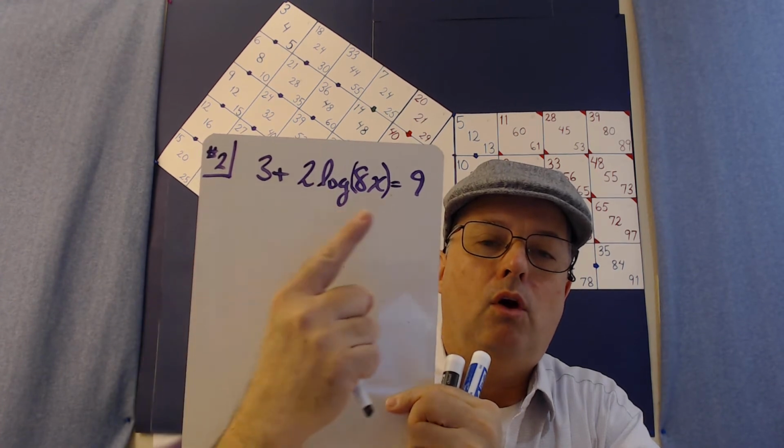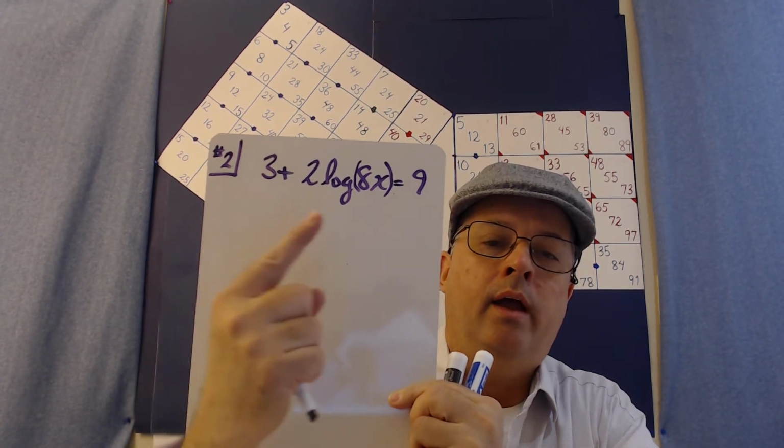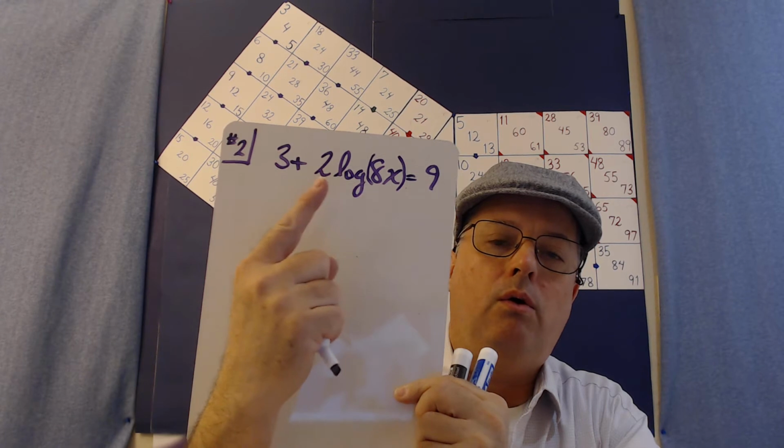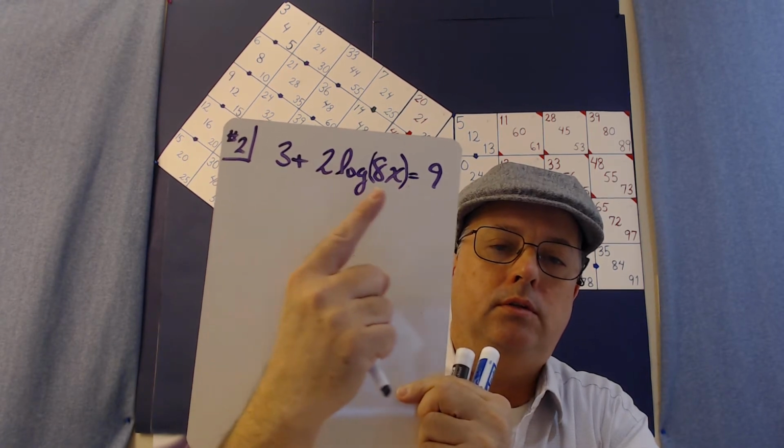So we have a logarithmic equation here, and we are going to solve for the variable expression. This is the variable expression right here that we're going to bracket.